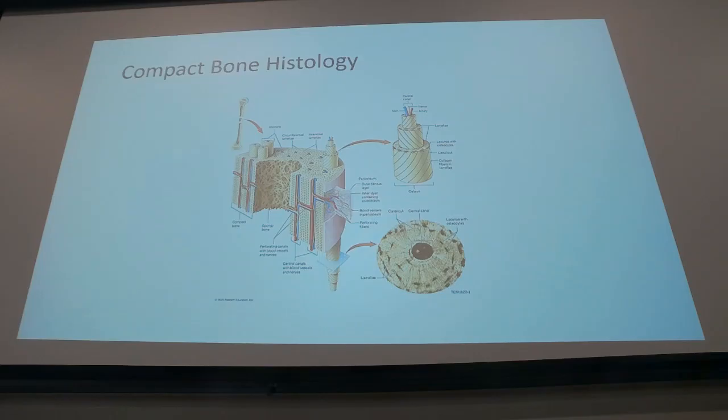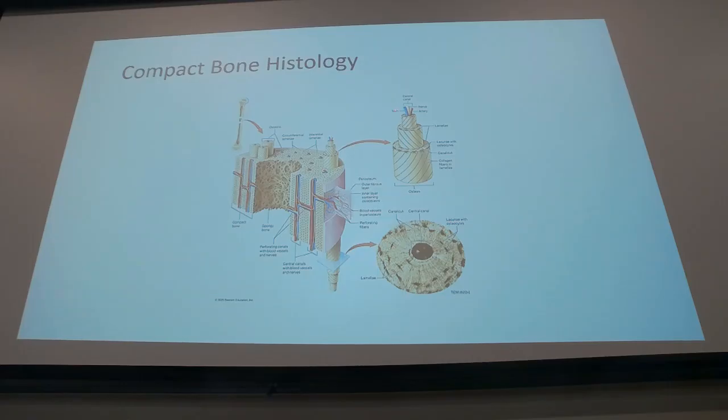So these ones are in this angle, the other one's in the opposite angle. And that basically gives the way to transfer the physical forces in different directions to help the bone to be resilient to stress.